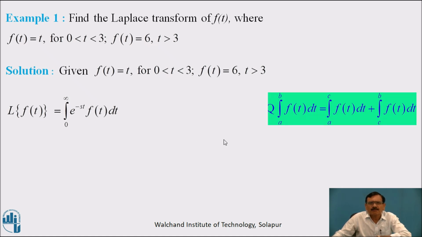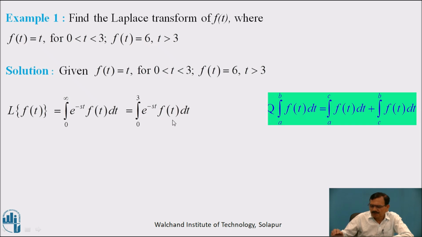Here we are making use of the property: integration from a to b f of t dt equals integration from a to c f of t dt plus integration from c to b f of t dt. Using that, we can write, first we take the limit 0 to 3 e raised to minus st f of t dt, plus the second integration from 3 to infinity e raised to minus st f of t dt, because here 3 is less than t is less than infinity, means 3 to infinity.